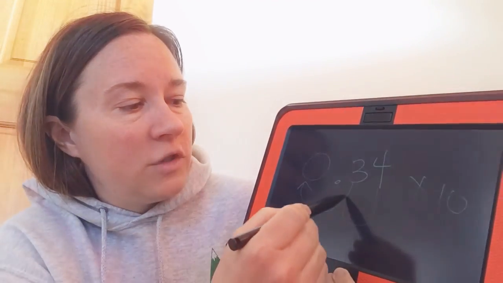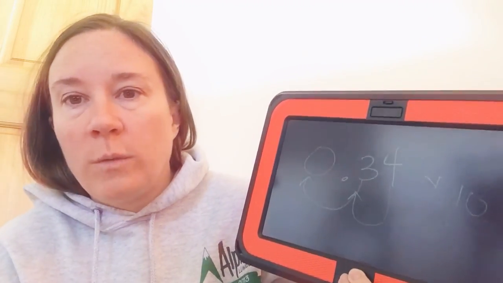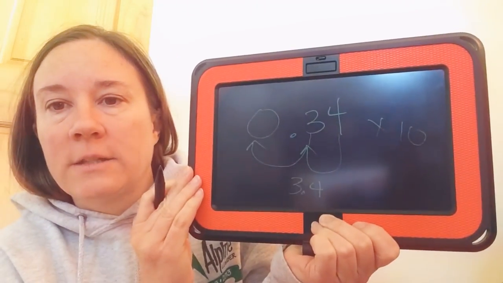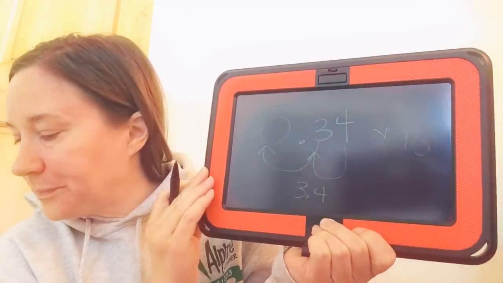The 4 would shift over in the tens place, and we would be finished. So then this would be 3.4 as our answer. Okay? Now, if you look at the top of page 457, it says just that. It says what we did here is we shifted everything over to the left.